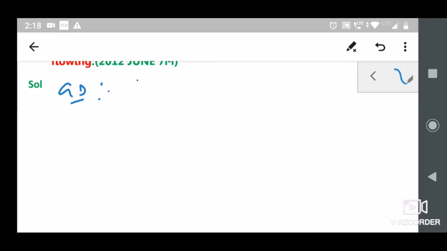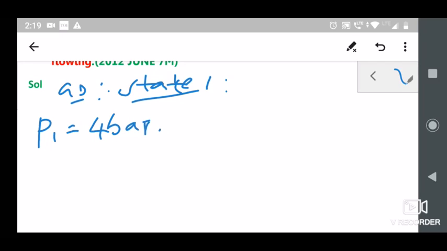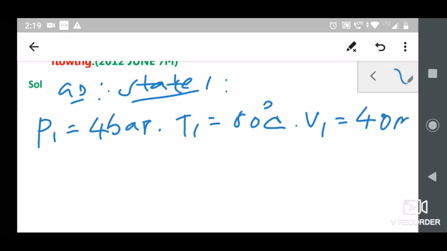Given data at state 1: P1 is given as 4 bar and T1 is given as 80 degrees centigrade. V1 is given as 40 meters per second.